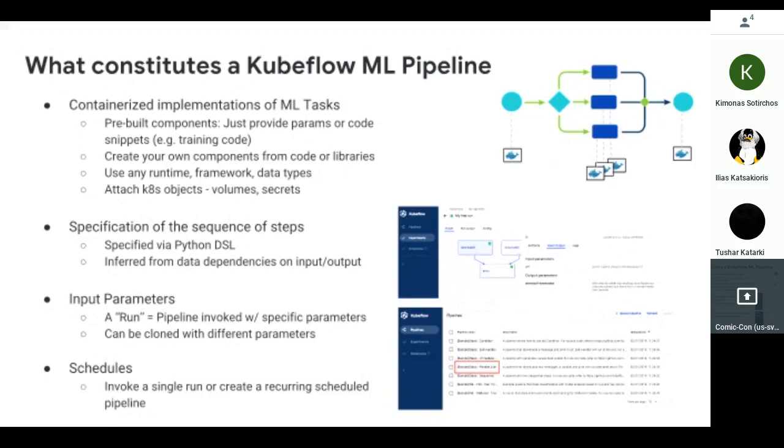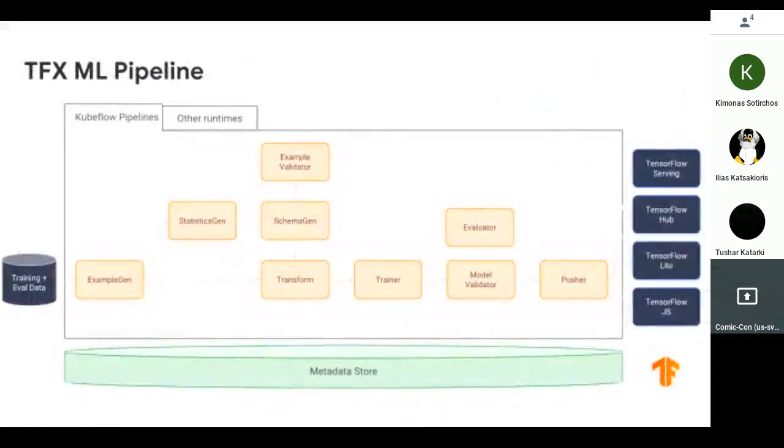And then the runs of the pipelines can be scheduled to occur on a regular basis, or they can be invoked through an API. An example of a pipeline is a TFX pipeline, and TFX is TensorFlow Extended. That's a platform that is used internally at Google for running large-scale machine learning workflows.